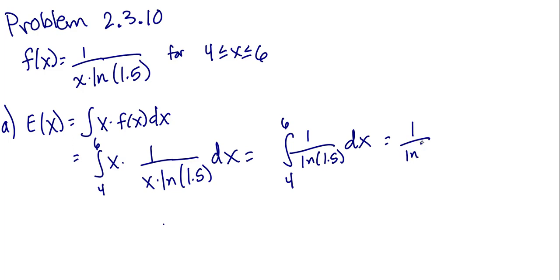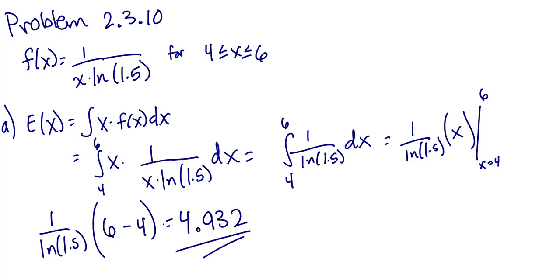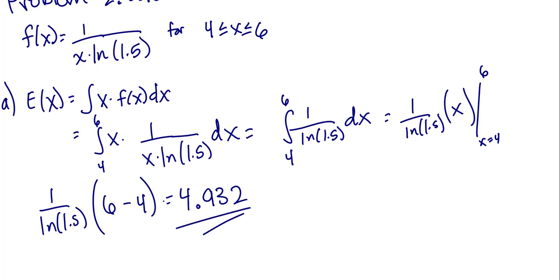So it'll just be 1 over natural log of 1.5 times x evaluated from x equals 4 to 6. So we still have 1 over natural log of 1.5 times 6 minus 4, because you plug in the top first, and then plug in the bottom. Okay, so this gives me 4.932. Okay, so that's my expected value.